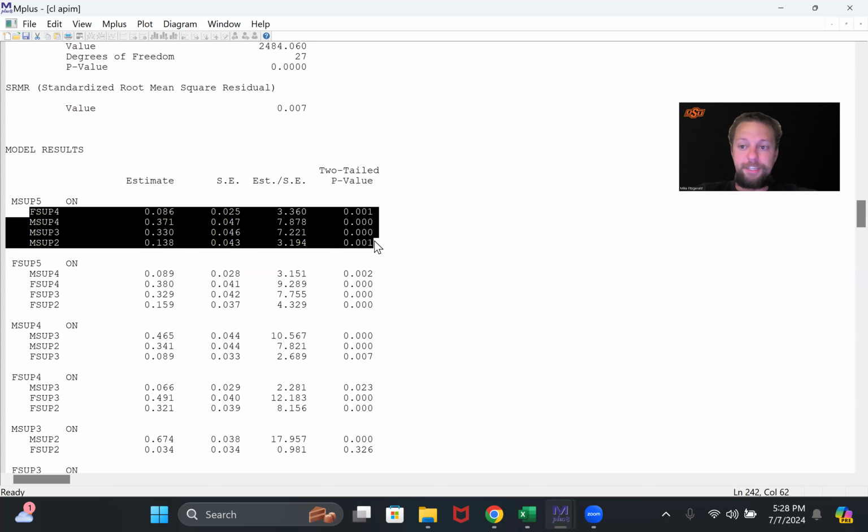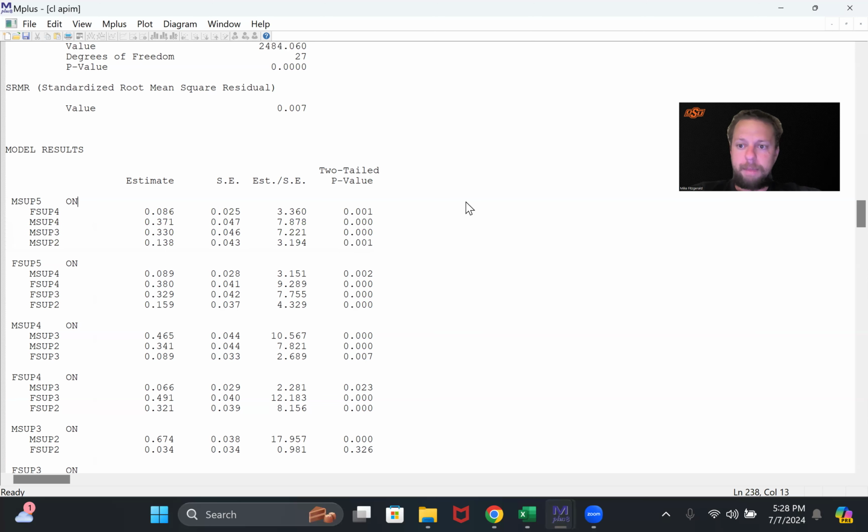We have a general disposition to be securely attached, but let's say we've had a rough month at work. We might be just a little bit less securely attached than we usually are due to work-related stress. So what we're going to do in the random intercept cross-lagged APIM is partial out that trait-like component from those individual deviations at each of these waves.